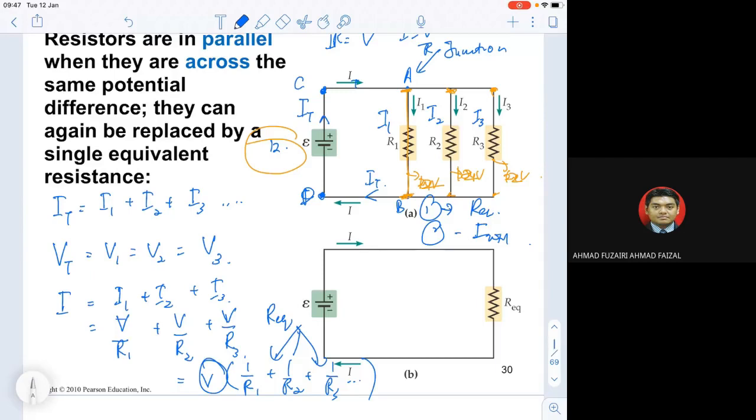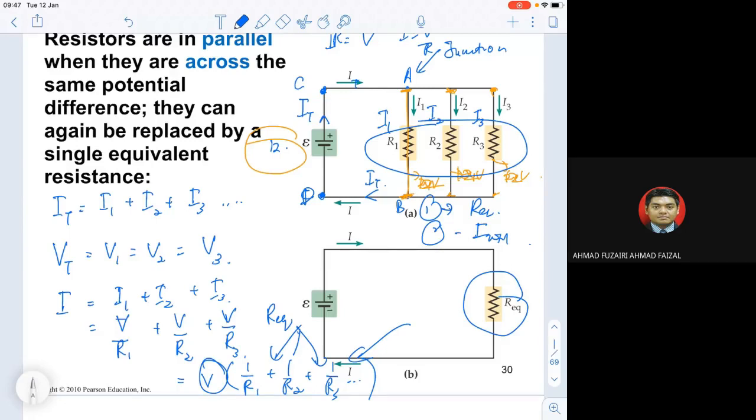So we should reduce the part of R1, R2, and R3 to only one R equivalent. In order to get the R equivalent, we should calculate the 1 over.